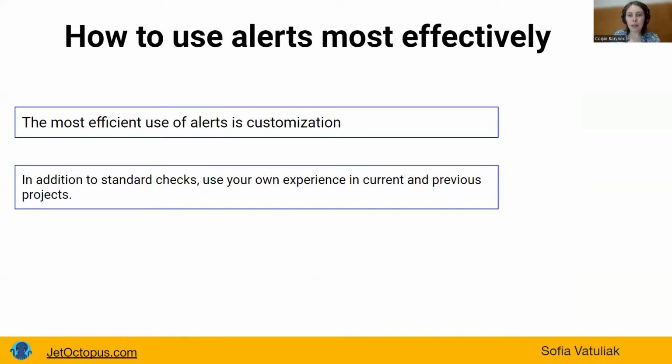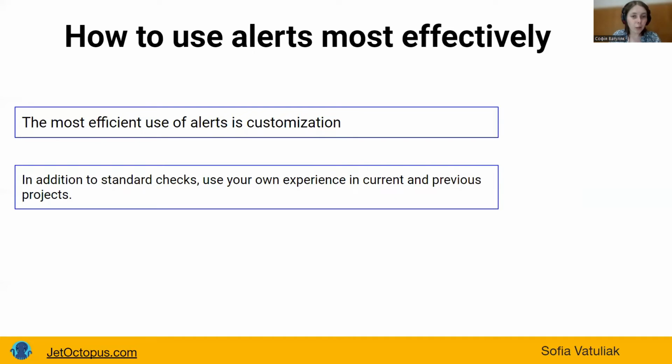As an SEO specialist, you know best what problems regularly occur with a website and can adjust the alerts accordingly. For example, you know that meta robots can break after releases. This has happened to your website once or twice before. So set up an alert to check if required pages are still open for indexing after each release.